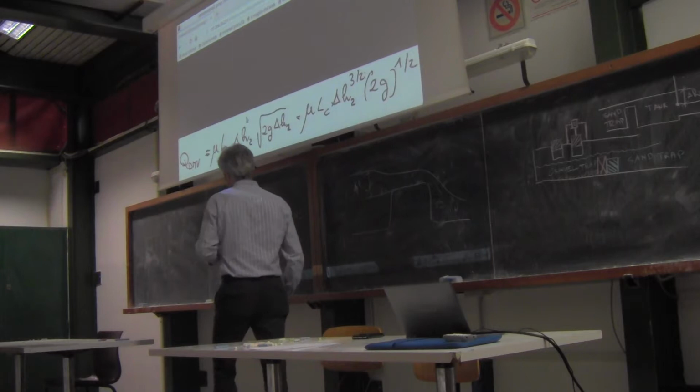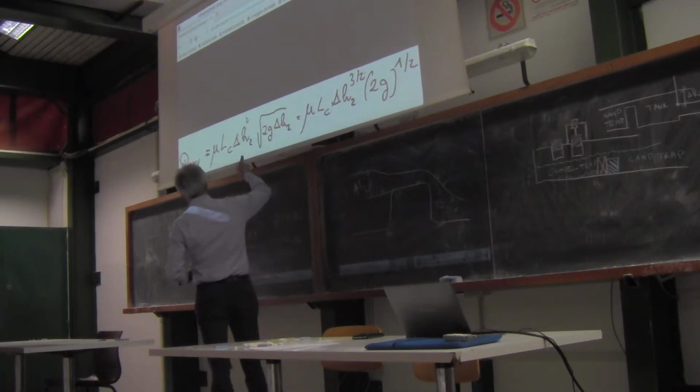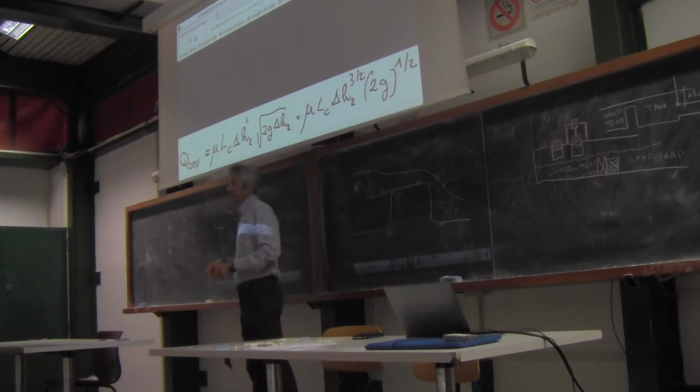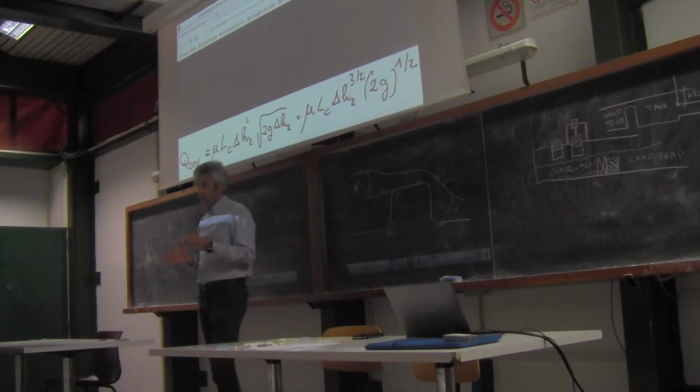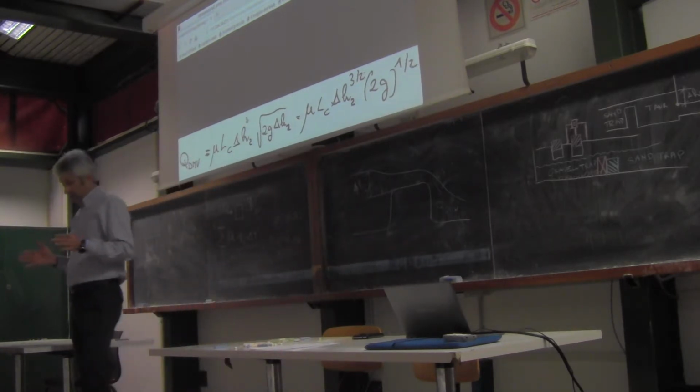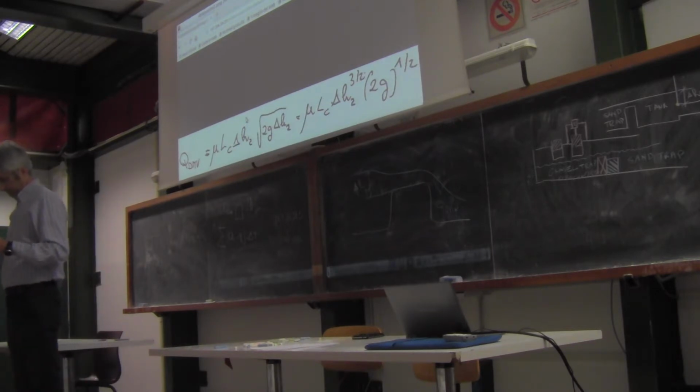Okay, keep in mind that in this relationship, the width of the weir Lc is usually fixed a priori. And there are minimum widths that may be imposed by the law, usually about 1/2 meter.